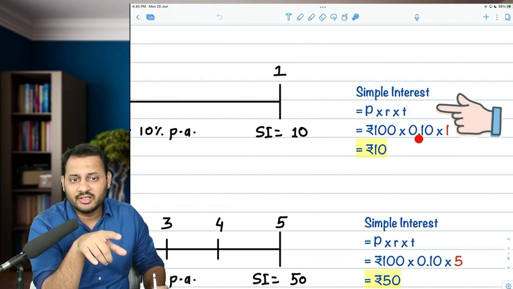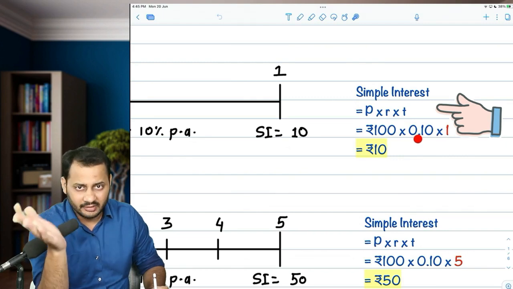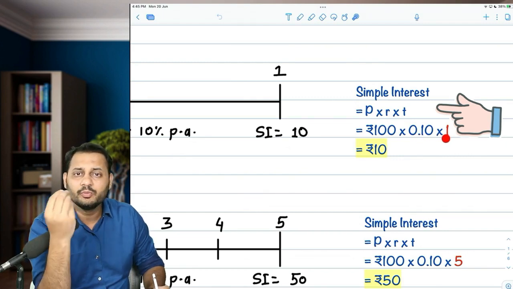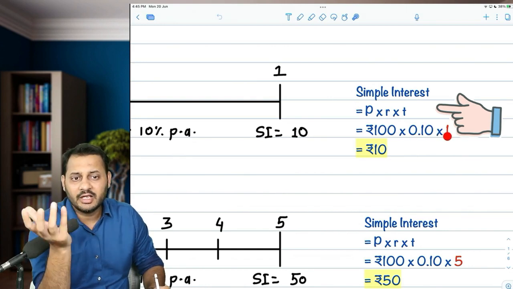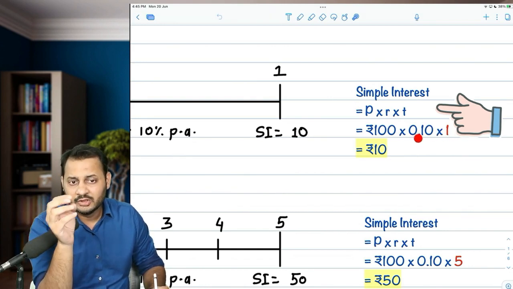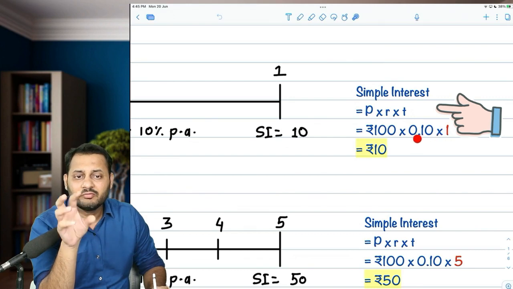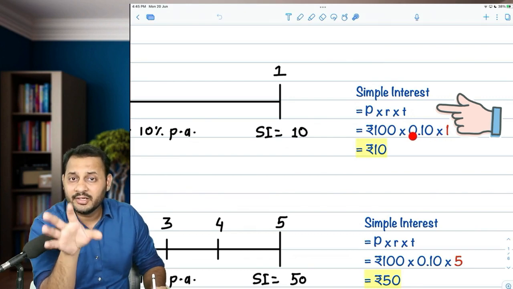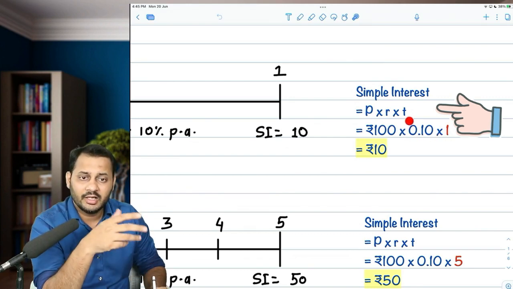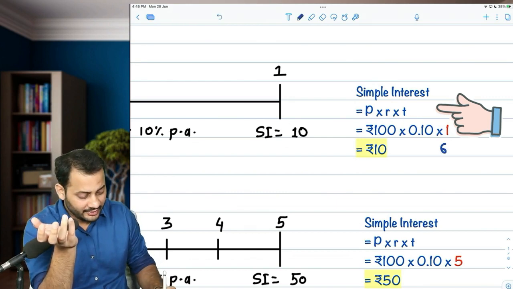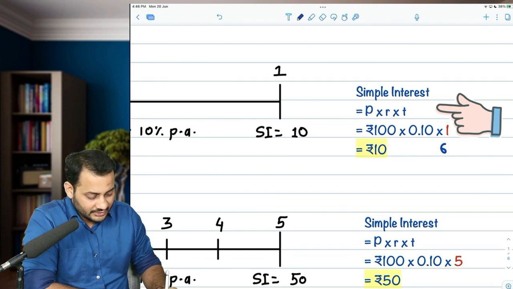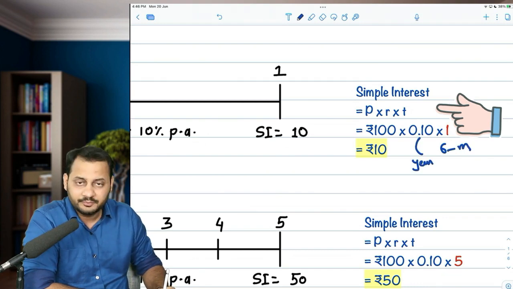So if this rate of interest is per annum, the time should also be per annum. If this rate of interest is half yearly, the time should also be half yearly. So if I'm saying that I'm going to earn 10% per annum and I have invested only for 6 months, at that time I cannot write 6 here, because 6 will be months and 10 will be per year.